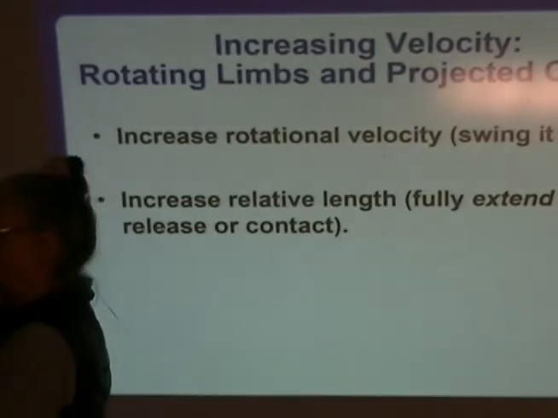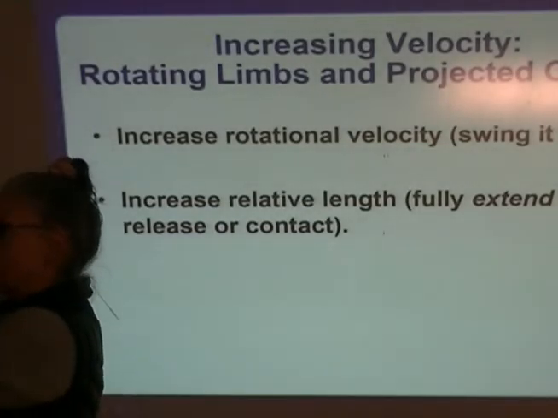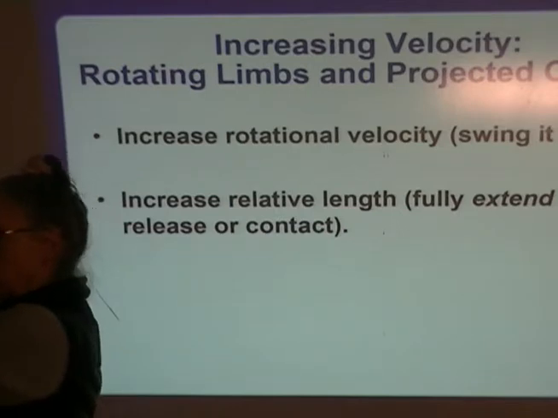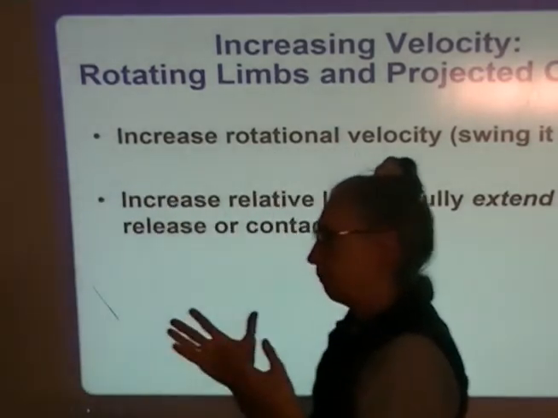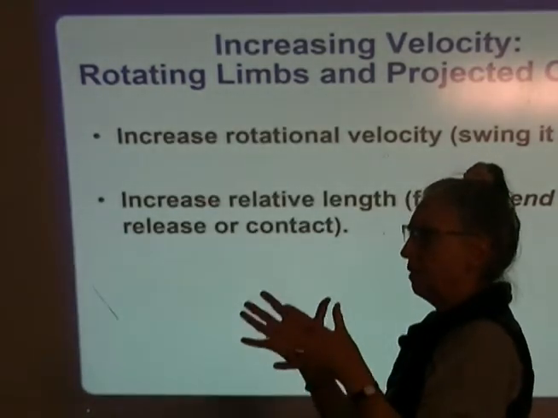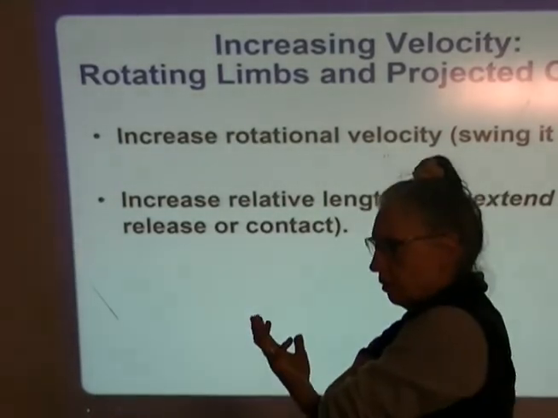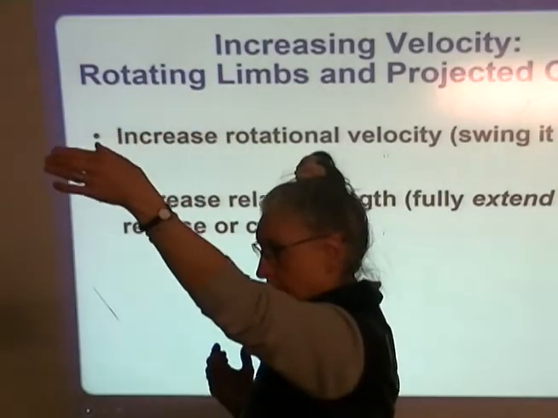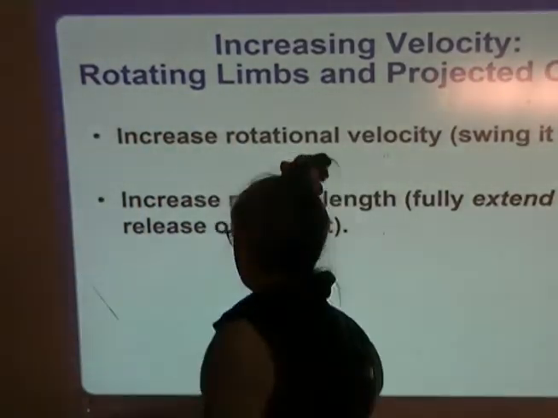There's a point at which, though, that you have to consider the damage that you might be doing to the shoulder joint, right? So that might be a factor I can improve. I can make my athletes stronger and they'll be able to swing their arm faster. And the ball will go further if they release it at the right time, right?